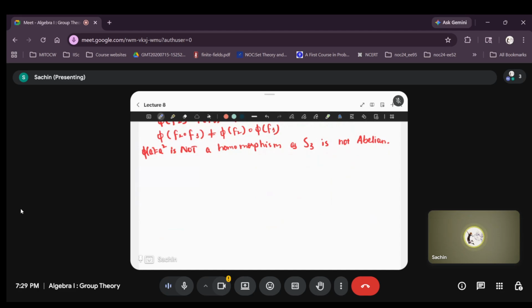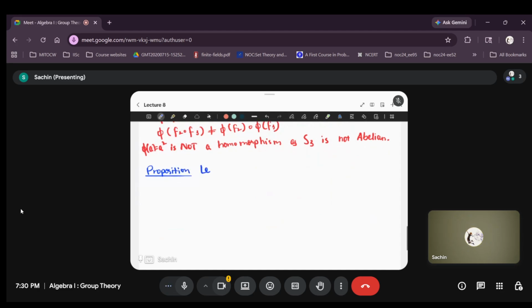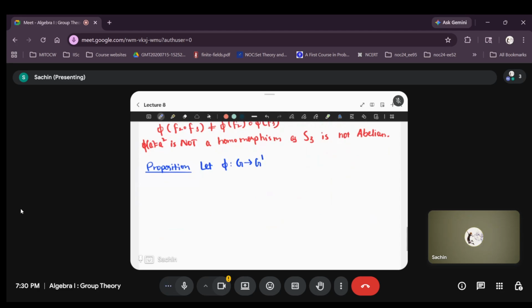That is, if it has this condition, it might or might not be a group homomorphism. And the proposition is this: let phi be a group homomorphism from the group G to group G prime.